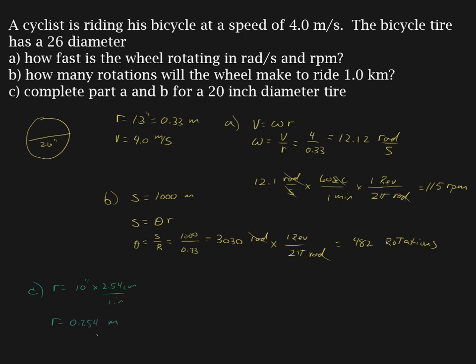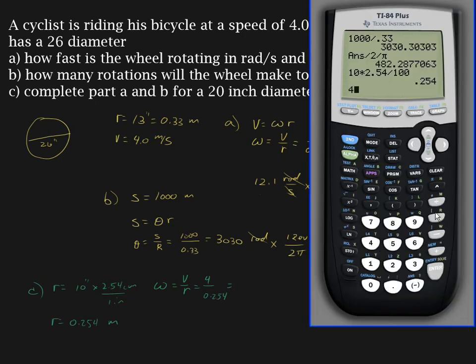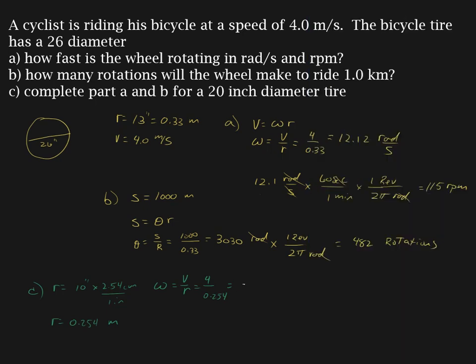So we get R is equal to 0.254 meters. Now we're just going to do the same thing that we did before. Omega is equal to V over R, and V was equal to 4. R is now equal to 0.254, and so omega becomes approximately 15.7 radians per second.